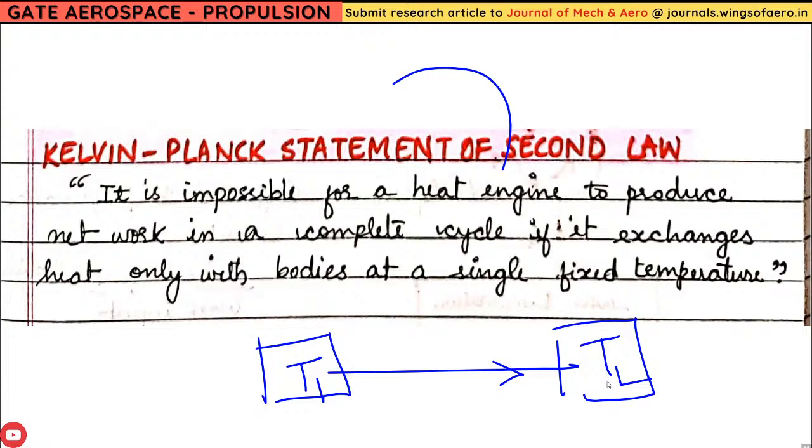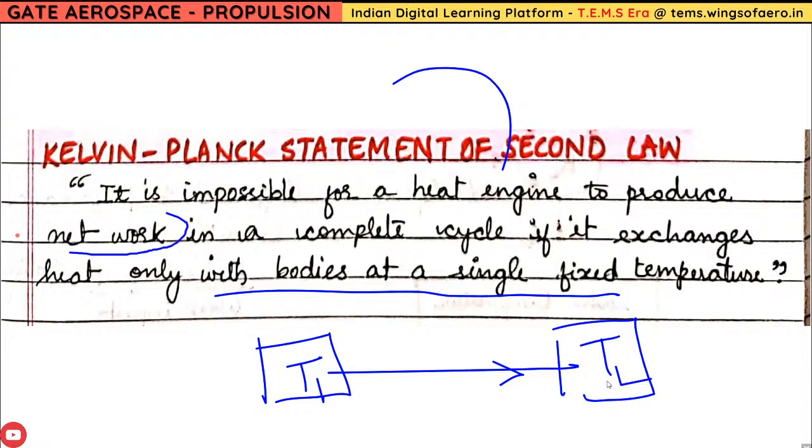But if the temperature is fixed, it cannot exchange the heat. So it is not possible to find the net work done. If they cannot transfer the heat from one body to another body, it is impossible to have such kind of engine, such kind of machine.